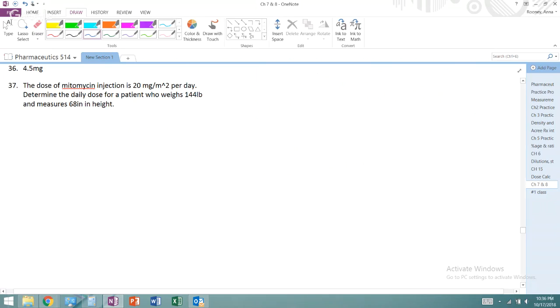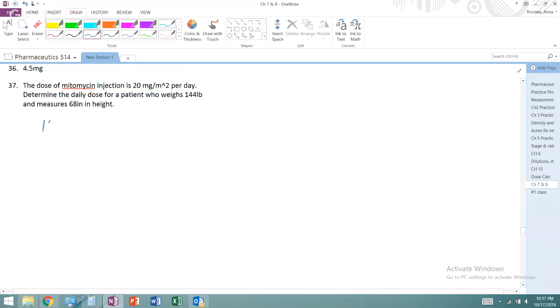So if you're doing this for memory, the other one is not easy to remember, but this one is more accurate though. All right, so mitomycin injection is 20 milligrams per meter squared per day. Determine the daily dose for somebody who weighs 144 pounds, measures 68 inches.